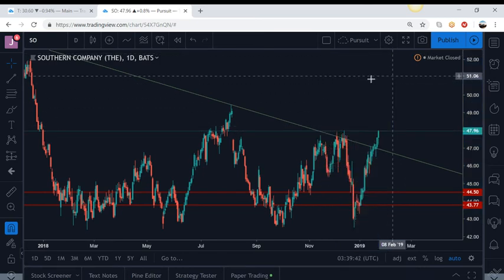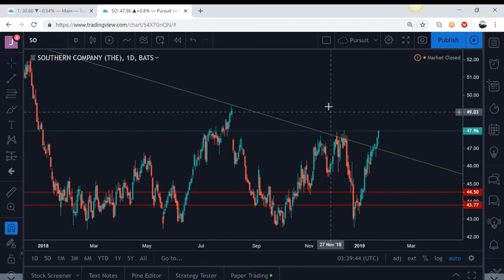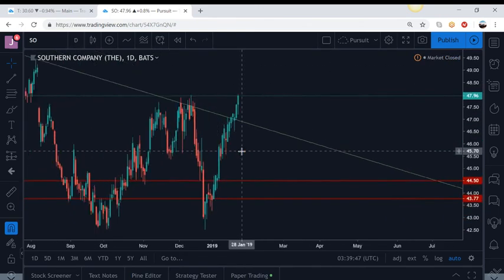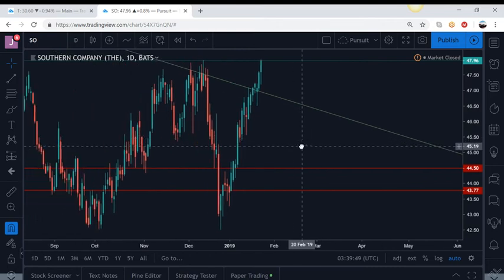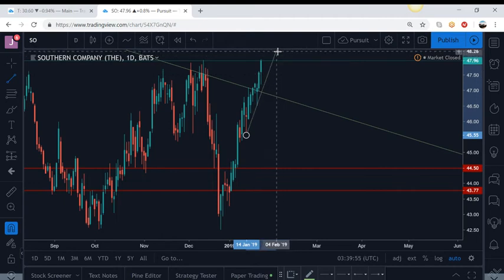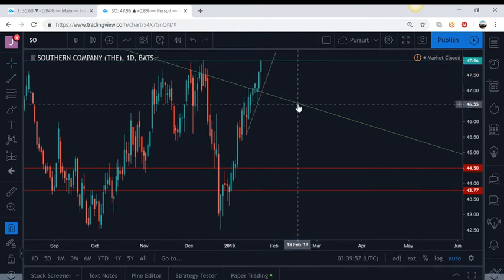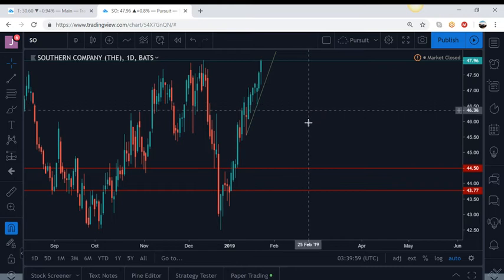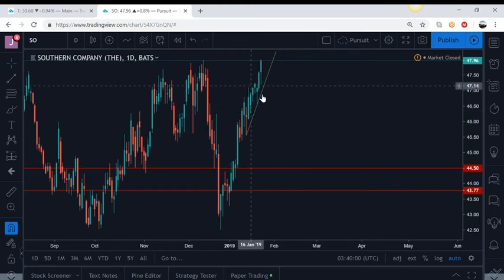All right. Now, as you're watching this on a daily chart, you're saying to yourself, well, how do I know that it's going to stop going up? One good hint is going to be having your demand line on there. You see, price is adhering to this line.